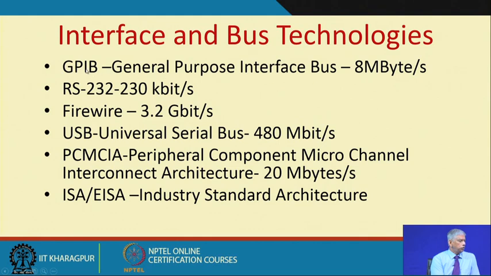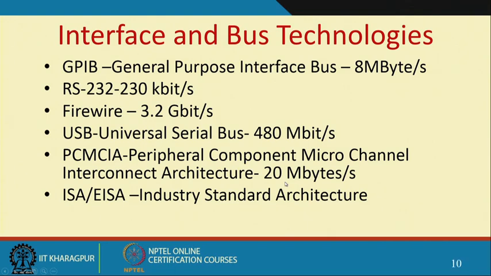We used to have the GPIB transfer protocol, which had a speed of 8 megabytes per second. We had RS-232, which is very slow, but still people use it, 232 kilobits per second. FireWire is 3.2 gigabits per second, which is very popular in Mac systems. Today we have USB systems, and then there is PCMCIA at 20 megabytes per second.